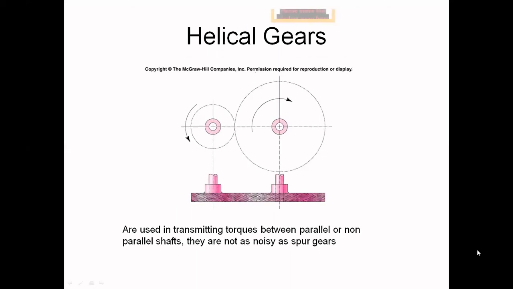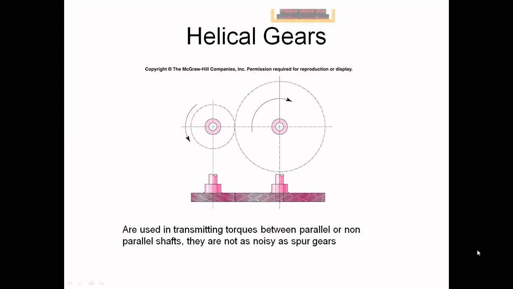Then you can see here helical gears are there. In case of the spur gear, the direction of rotation of gears is opposite. In case of the helical gear also the same, and they are used in transmitting torques between parallel or non-parallel shafts.